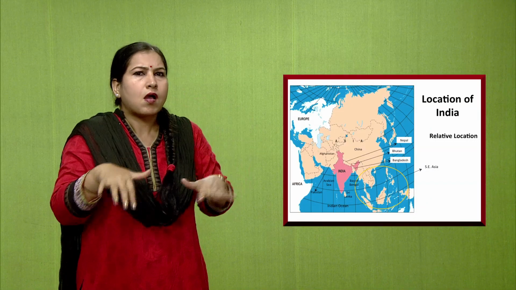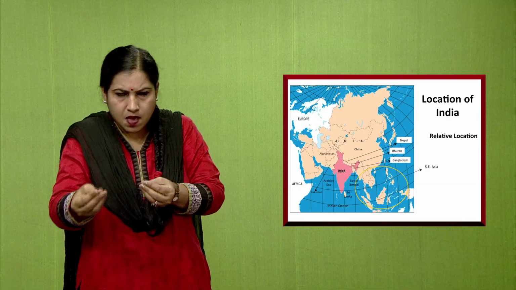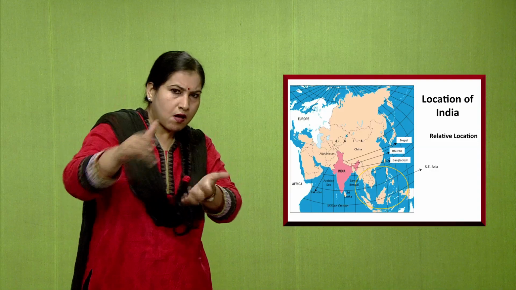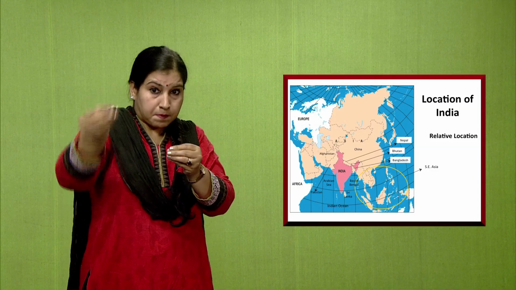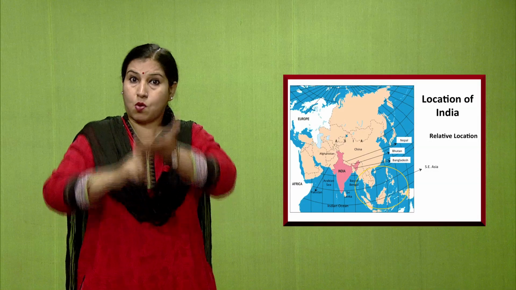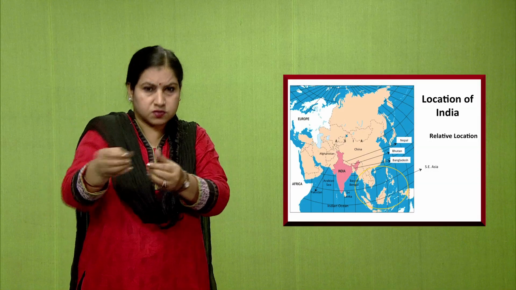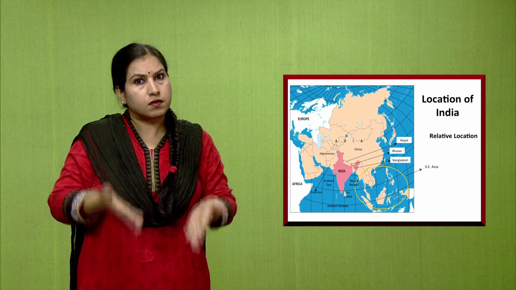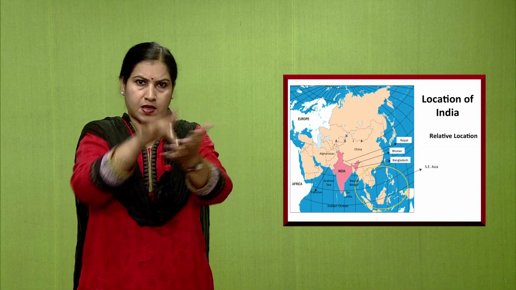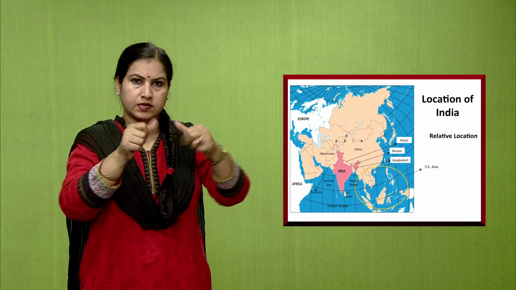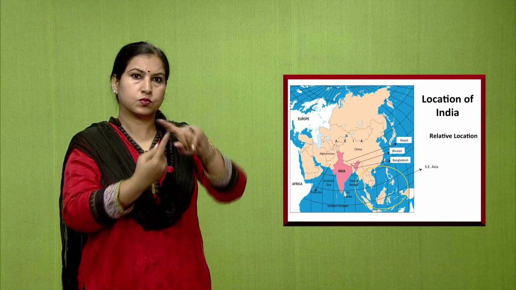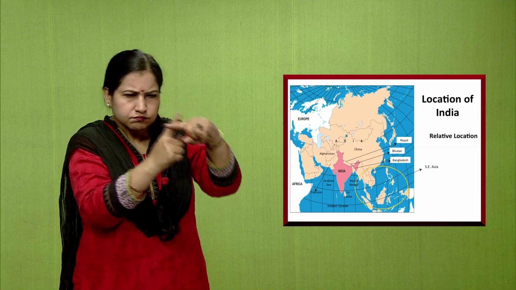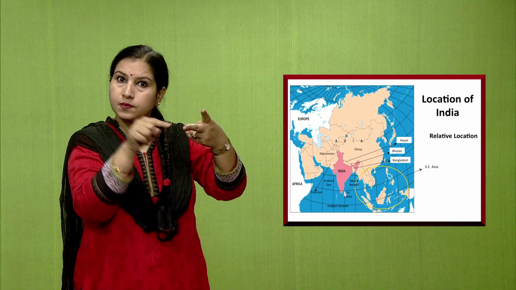Relative location depends upon points of reference, for example, near some place or farther from some place. This way we can understand the relative location of any place. So now we have understood that there are two ways of locating any place. The first one is absolute, which is mathematical; we understand the degrees of the place. And the second is relative location.